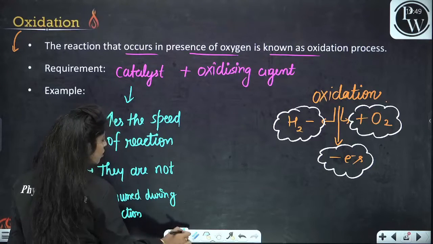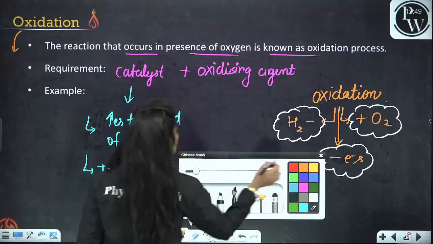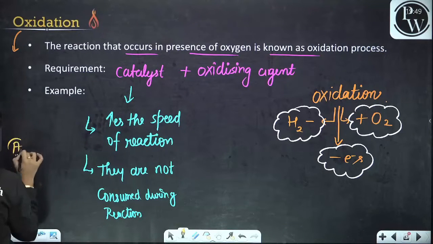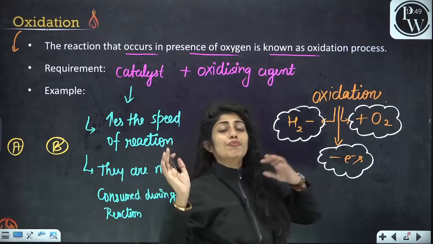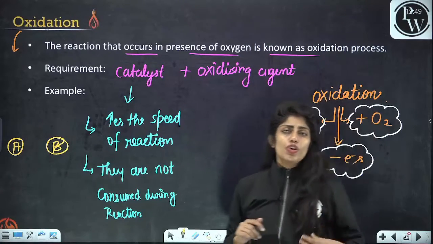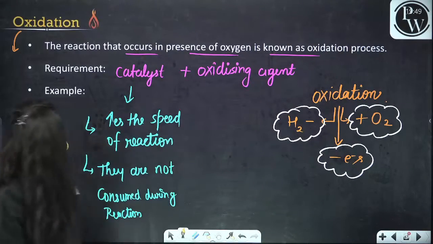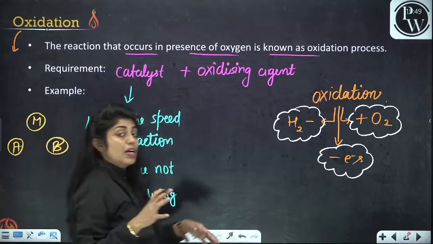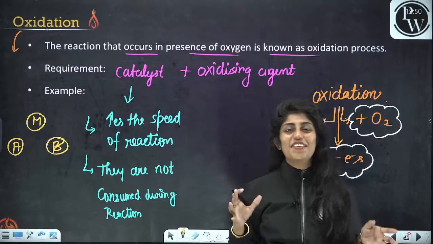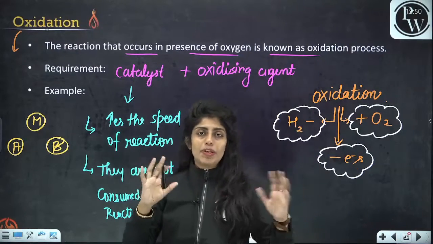Suppose you and your friend are having some kind of conflict, some kind of misunderstanding. So one of your mutual friends will arrange a meeting for you, to make everything settle between both of you.